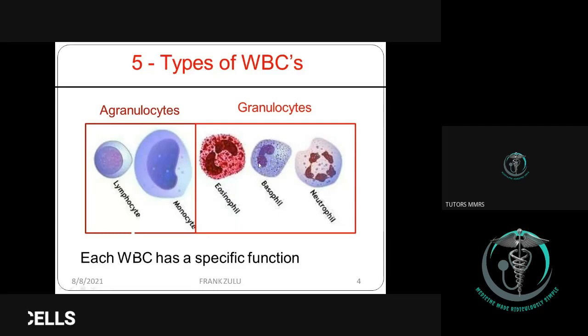And these granules are going to contain different molecules that are important in attacking microorganisms, or rather antigens, or any foreign body that has been brought into the body, has been ingested into the body. And we'll look at the types of granules that are present in each of the granulocytes.